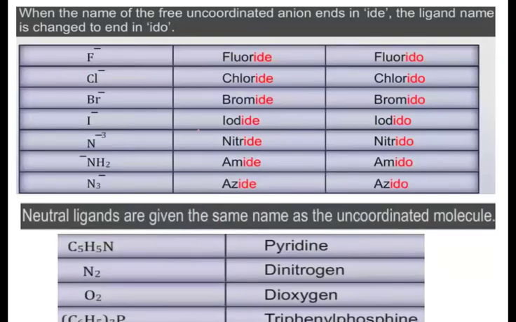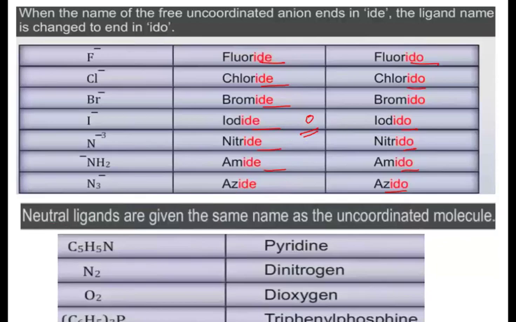Then for the ide endings: fluoride becomes fluorido, chloride chlorido, bromide bromido, iodide iodido, nitride nitrido, azide azido, amide amido. So the name of the negative ligand must end in O. This is the main point.